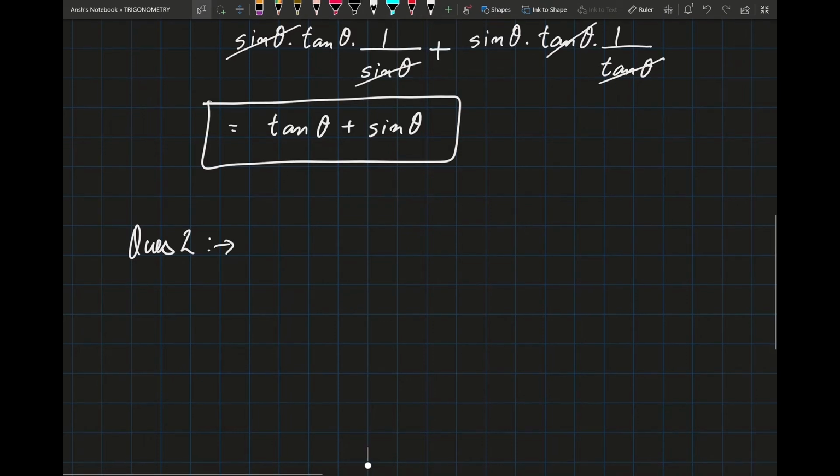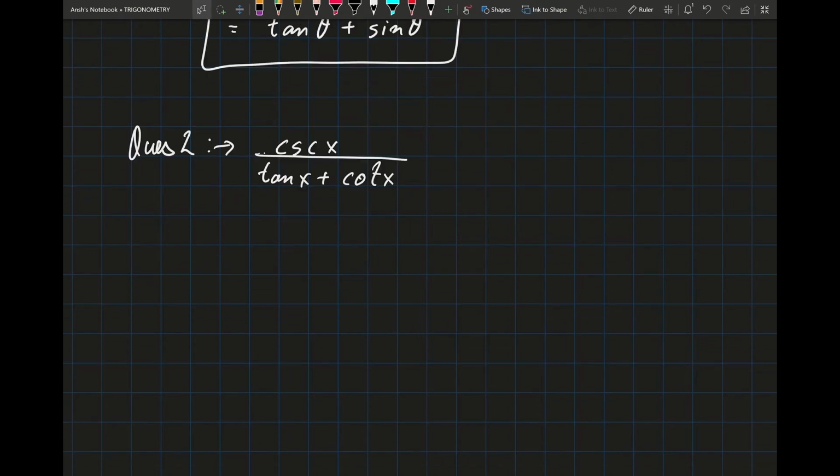Let's try simplifying cosec x over tangent x plus cot x. Alright, so what we have here is everything is in form of cosecant, tangent, and cot, right?